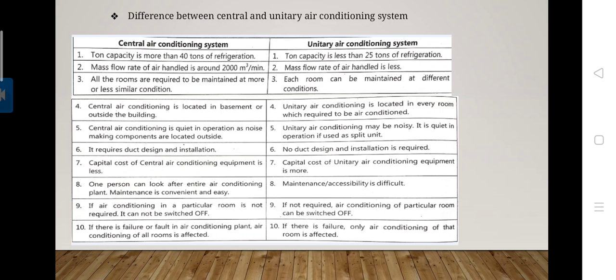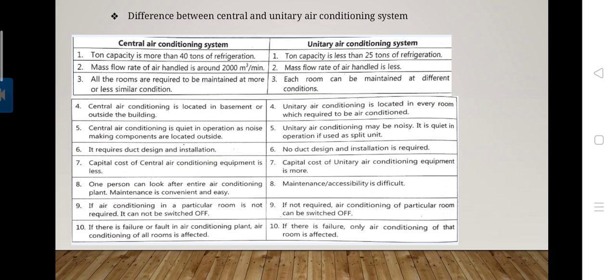Unitary air conditioning may be noisy, though as a split unit it is quiet in operation. Also, central air conditioning requires duct design and installation, but no duct design and installation is required in a unitary air conditioning system.